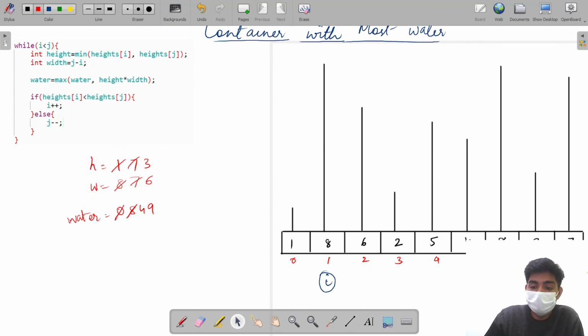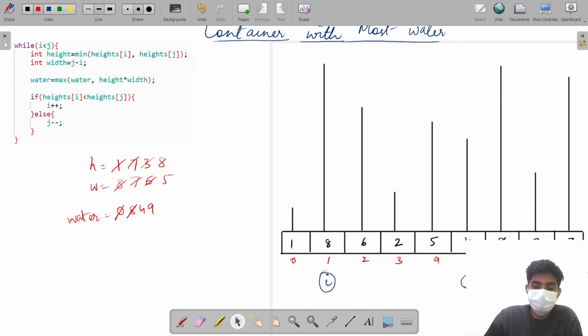Right. Now we have 8 and 8. So my height will be 8 only. My width will be 6 minus 1, which is 5. 8 times 5 gives me 40. 40 is not greater than 49. I will reduce my j because at this moment, heights of i and heights of j are equal, and for that, I am doing j minus minus.